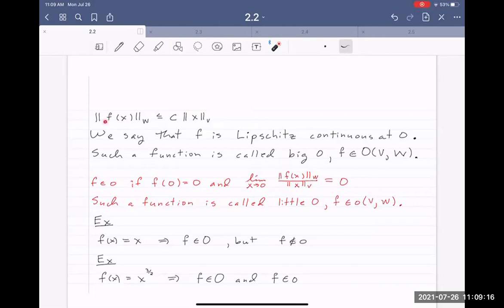Now, f of x is in the maps of V into W. So this norm, this length here, is a length in W. And x is, well, a member of V. So this length here is your length, your norm in V. You may have differing lengths in differing vector spaces.